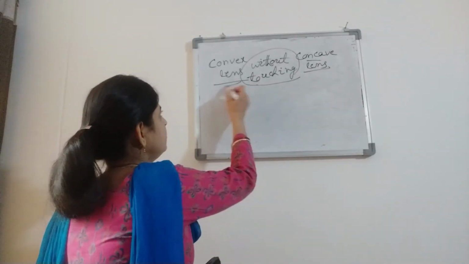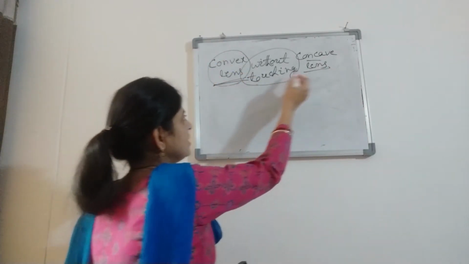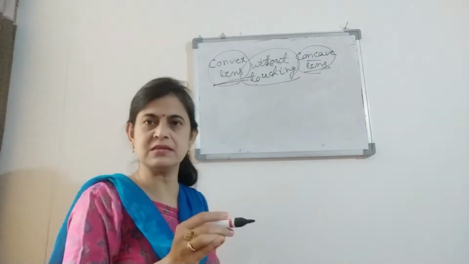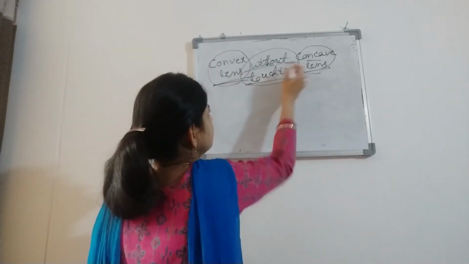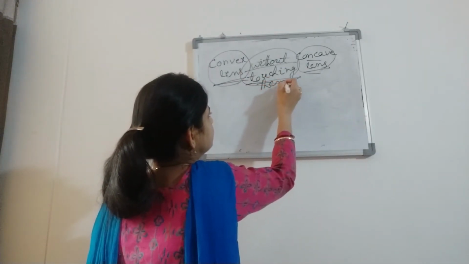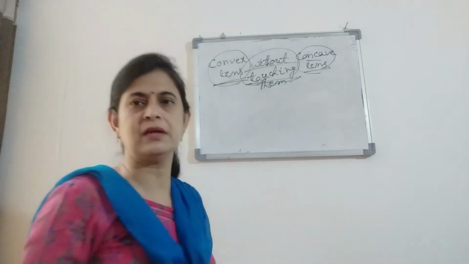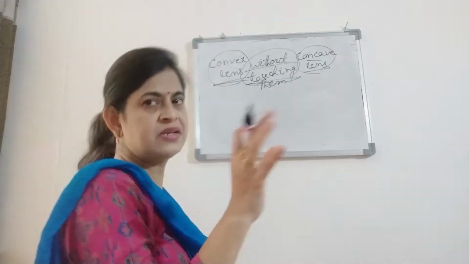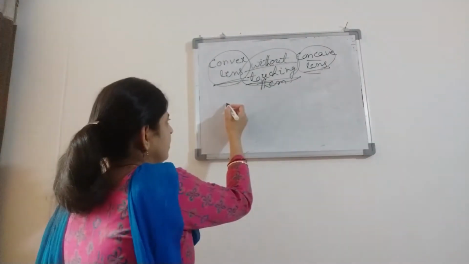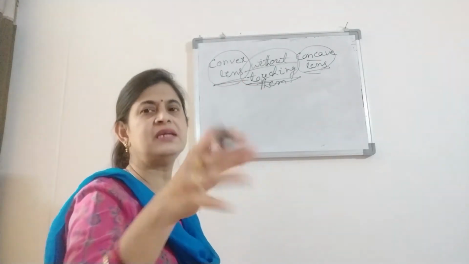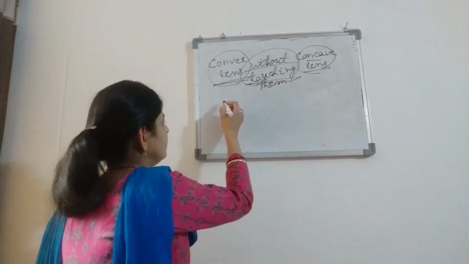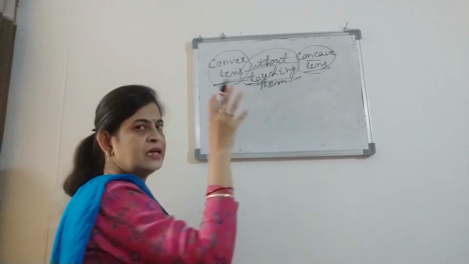Now, how can you distinguish between your convex lens and concave lens without touching them? It is very simple. Place the lens near your books. You can consider any alphabet.